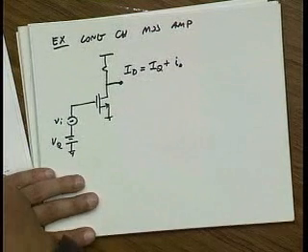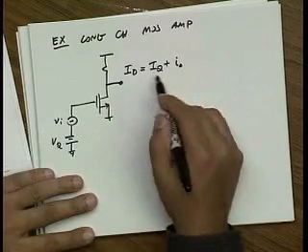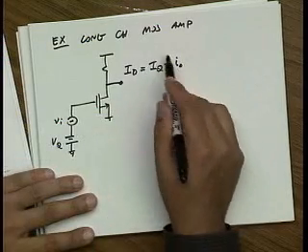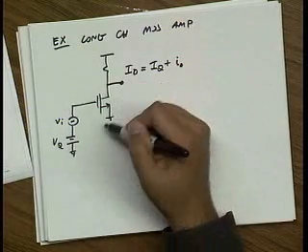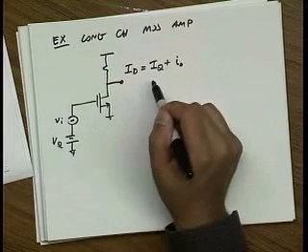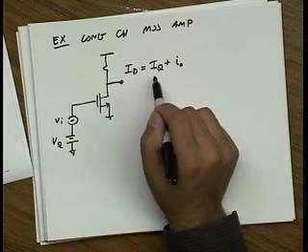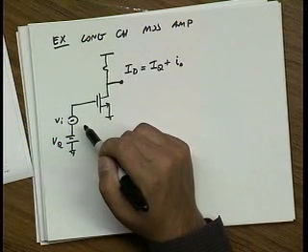Now something interesting that comes up right away is the concept of having a quiescent point. Remember we discussed that any kind of even order distortion, like second order, generates DC bias. So what we find is that technically the output bias point varies with the input amplitude.